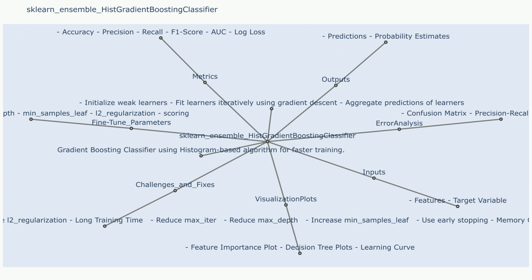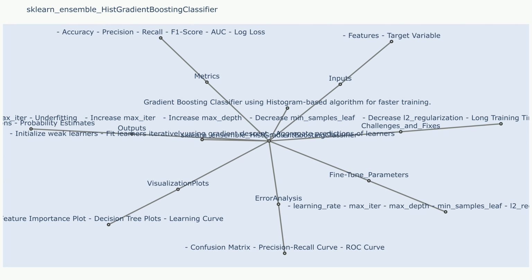Fine-tune parameters. Learning rate controls the step size at which the model learns from new trees. A smaller learning rate generally results in more stable training but may take longer to converge. Max_iter specifies the maximum number of boosting iterations, i.e., trees added to the ensemble.